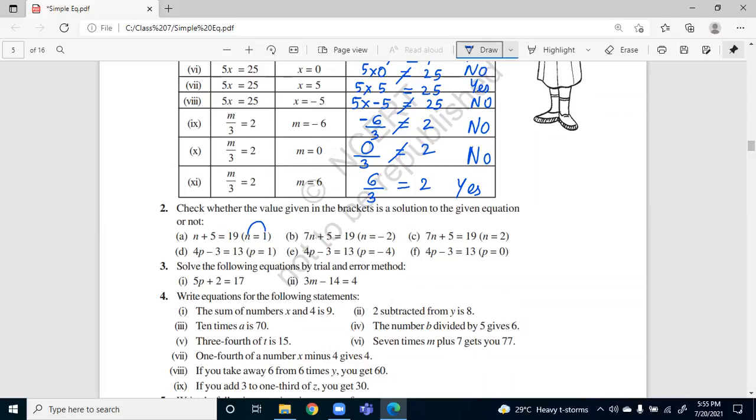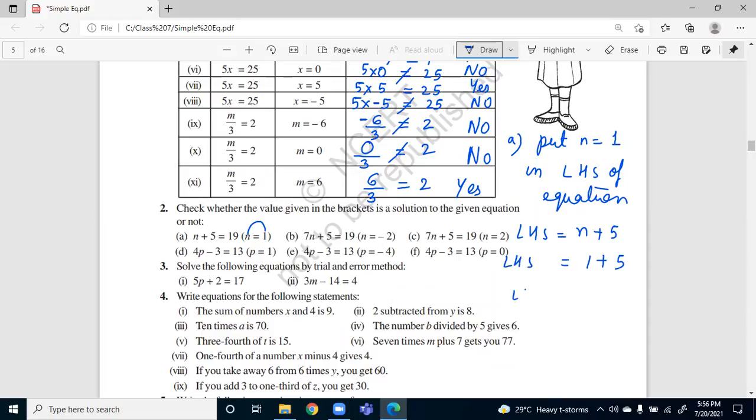So how I have to write this A part question, you will write: put n is equal to 1 in the left hand side of the equation. So left hand side is given as n plus 5. So in place of n, I am writing 1.